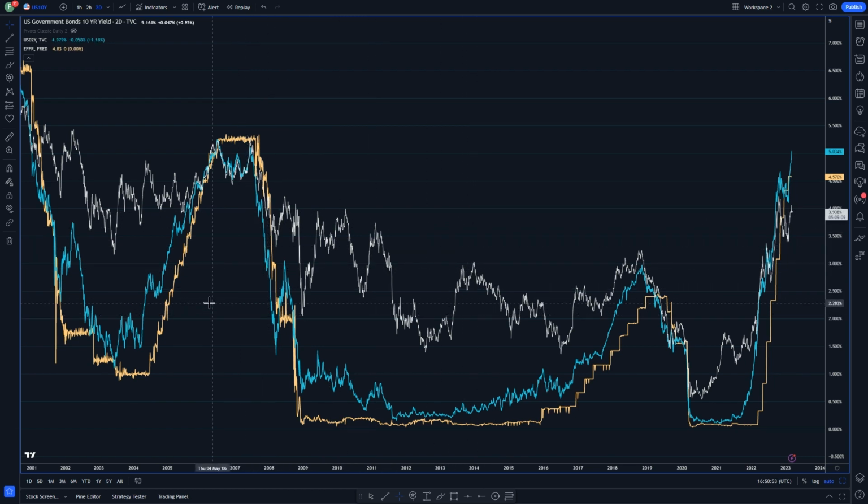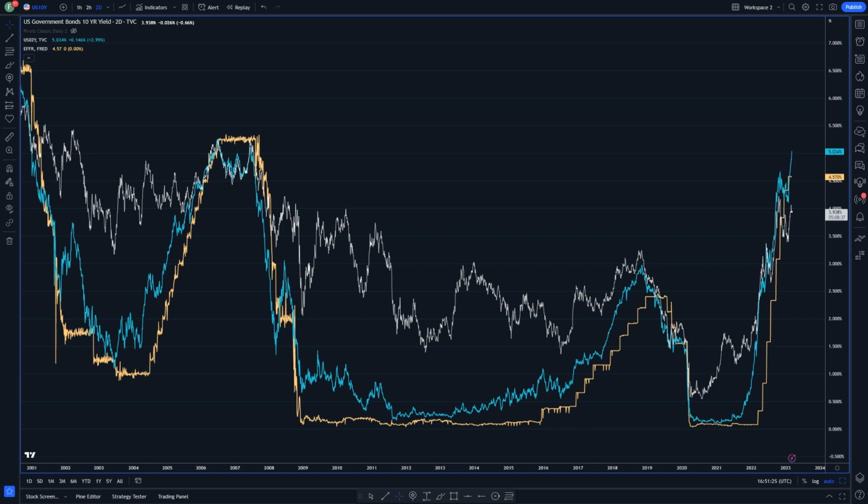Now, notice how the 2-year yields track the federal funds rate very closely. But 10-year yields track it closely, but not as closely, right? We can see a lot of divergence between these three. Again, this is because different things matter more to different parts of the curve. The same things impact all of them, like short-term interest rate expectations, growth, and inflation, but the importance will be different depending on the part of the curve you're focusing on.